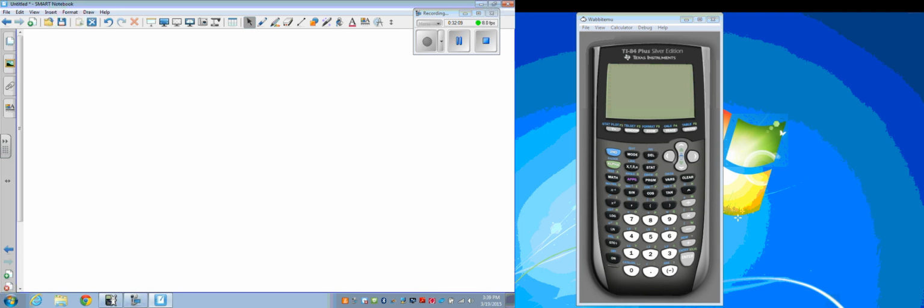So on page 221, we're ready to look at number 1. It says the cosine of the sum of A plus B. You mean X plus Y?